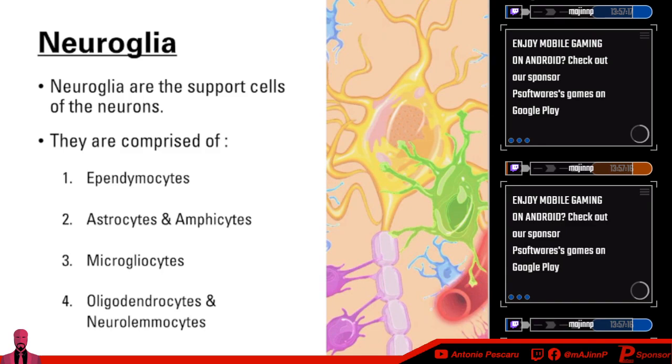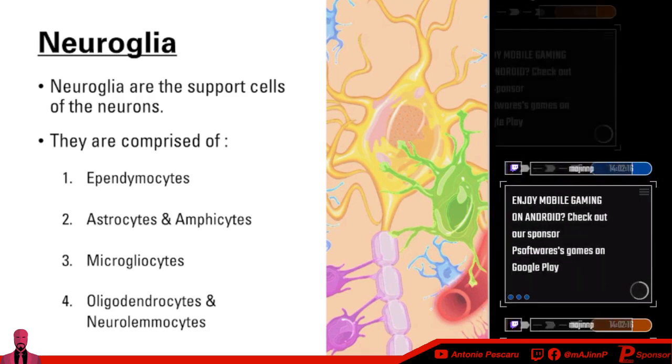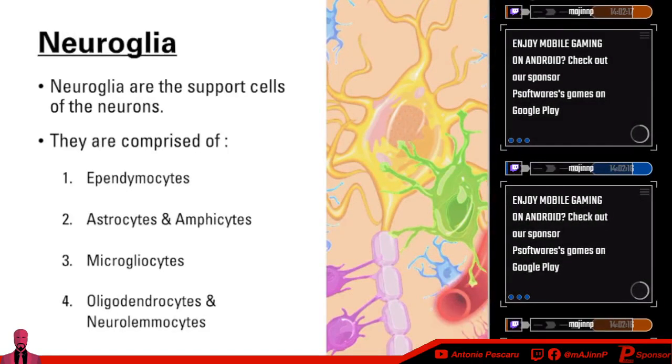So like I stated before, neuroglia are the support cells of the neurons, which are comprised of ependymocytes, astrocytes and amphicytes, which are the support cells, if I'm not mistaken. I don't really remember what they're actually called. I think they're satellite cells. There we go, that was the name I was looking for.